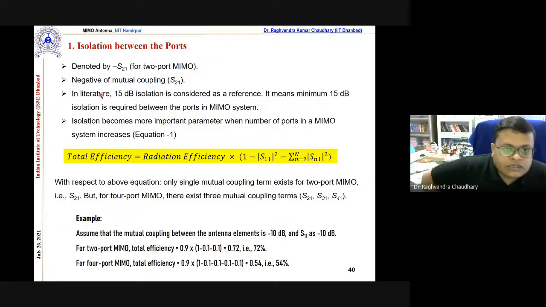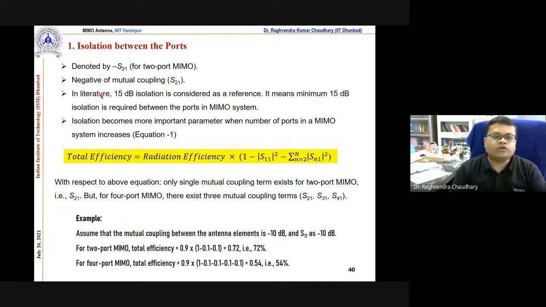So the first thing is the isolation between the ports. Basically, when there are elements, let's say 2 or more, we find S21, S31. In RF engineering, you have to find S21, S31 like that.